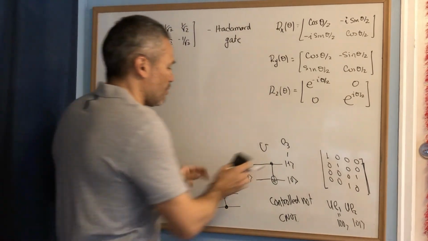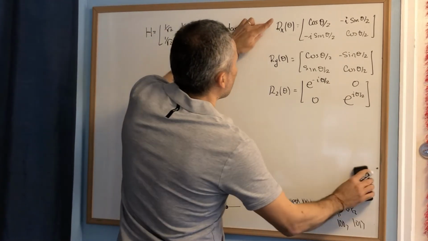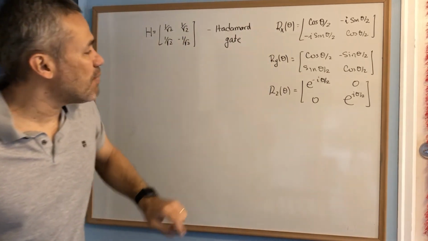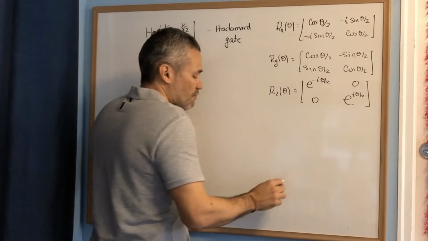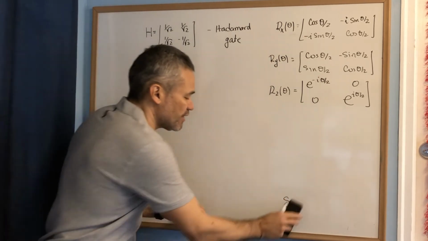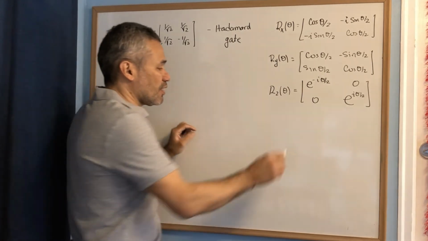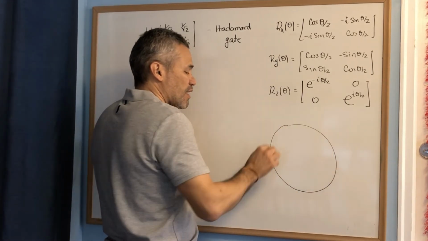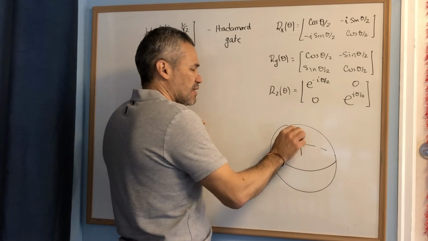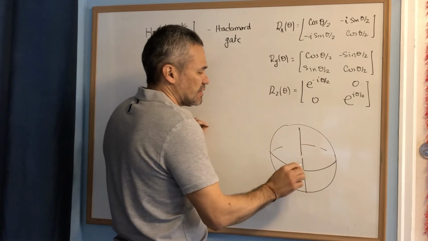The reason for this notation R comes from rotation. When we think about the interpretation for a qubit using the Bloch sphere, remember that we have these two states here.